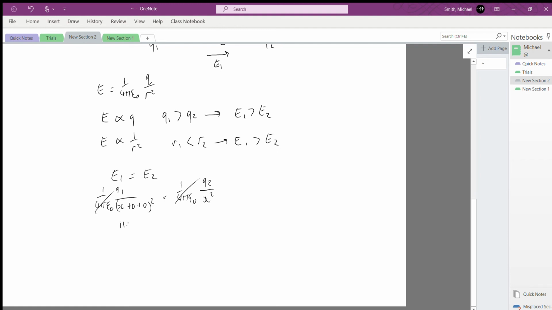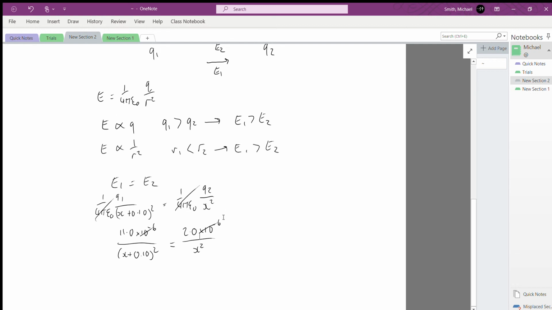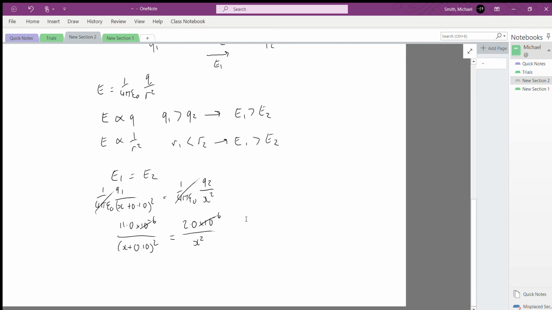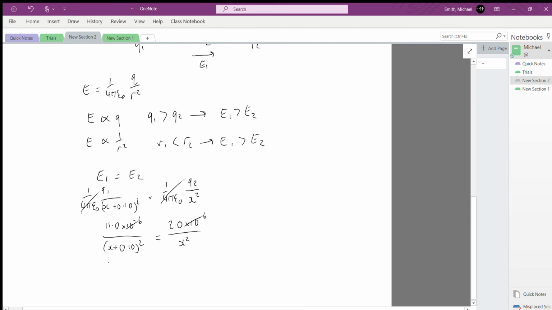So we have 11 microcoulombs on x plus 0.1 squared equals 2 times 10 to the power of minus 6 on x squared. So the 10 to the power of minus 6 cancels out. So then we finally get 11 on x plus 0.1 squared equals 2 on x squared.